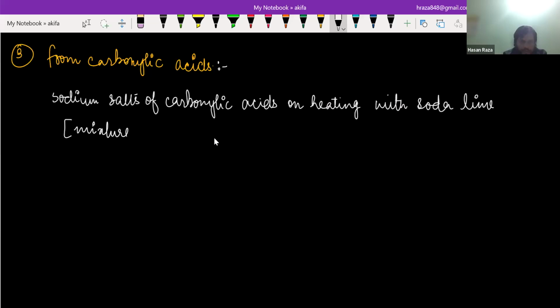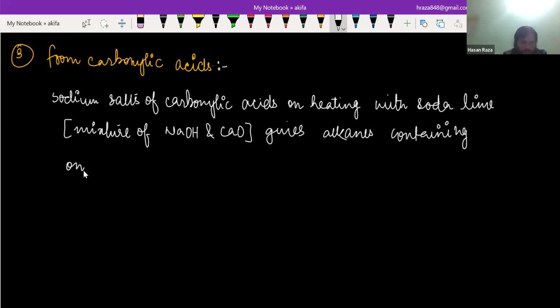Soda lime is a mixture of NaOH and calcium oxide. Gives alkanes containing one carbon atom less than the carboxylic acid.